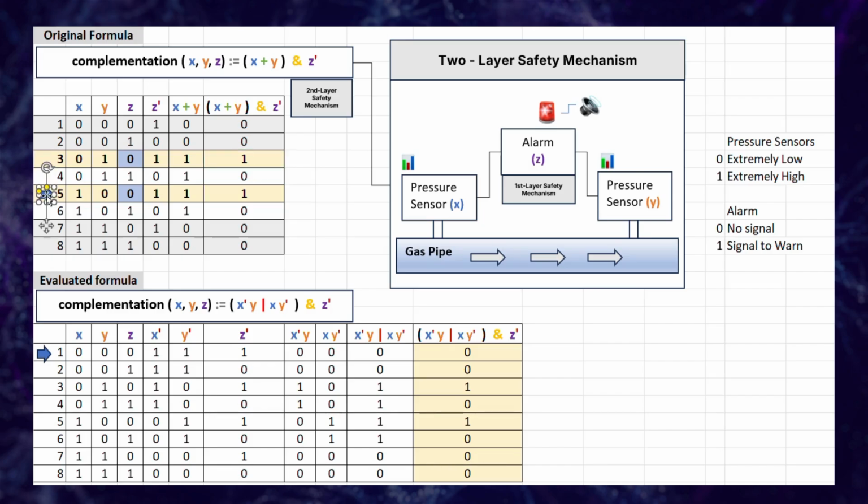Same as in scenario 5: there's a difference of X and Y, and the alarm system didn't function properly. We don't know why, but in any case, in this combination 100, the second layer will kick in and perform its job. So I hope this is clear.